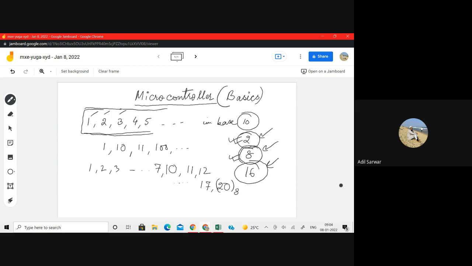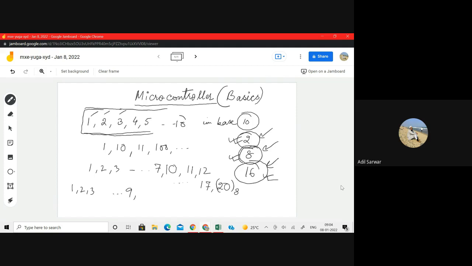Similarly, when I am representing the number in hex, I would be writing the same numbers 1, 2, 3, 4, 5, and so on till 9, no problem. But when I reach 10, I won't be writing it in decimal form.